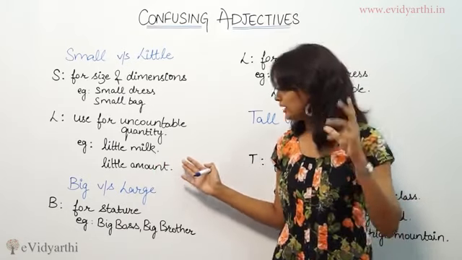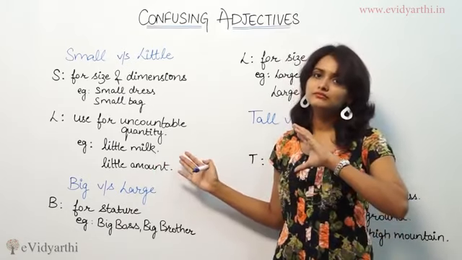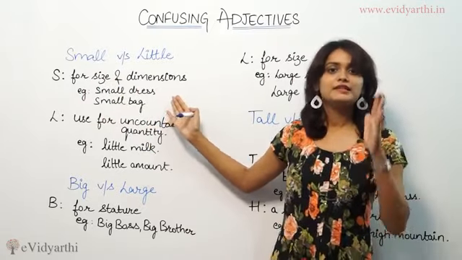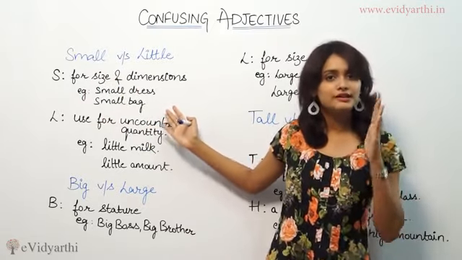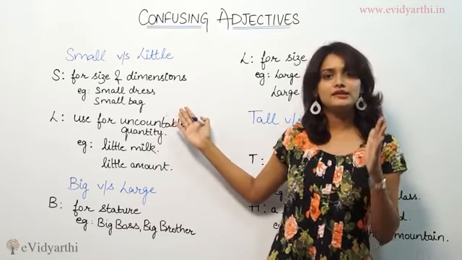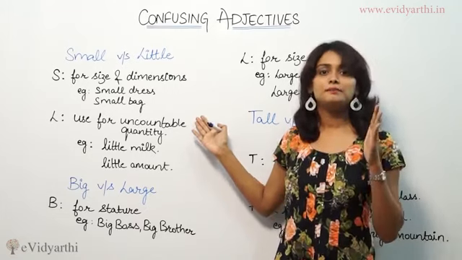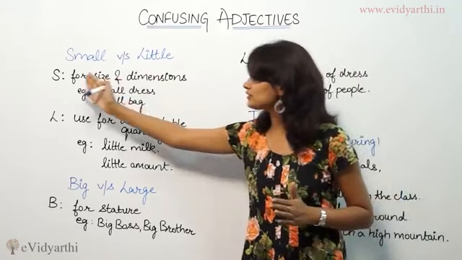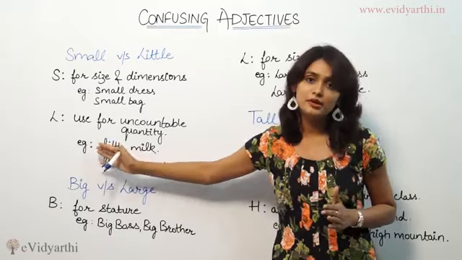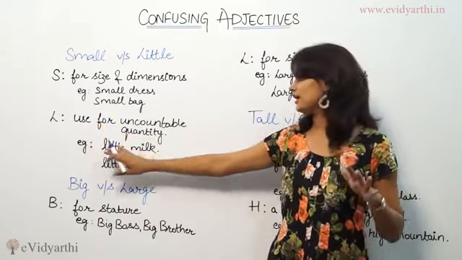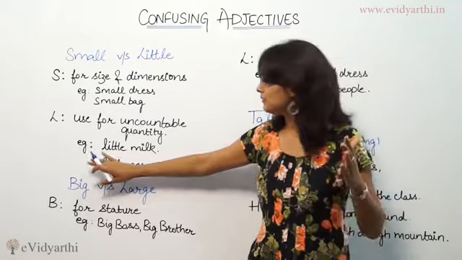When we say amount, you can use small amount also, but it depends upon the context, exactly what is going on in a sentence. Depending upon the context, we use small amount or little amount. Little amount is when you're not sure how much you need, and say give me a little amount.